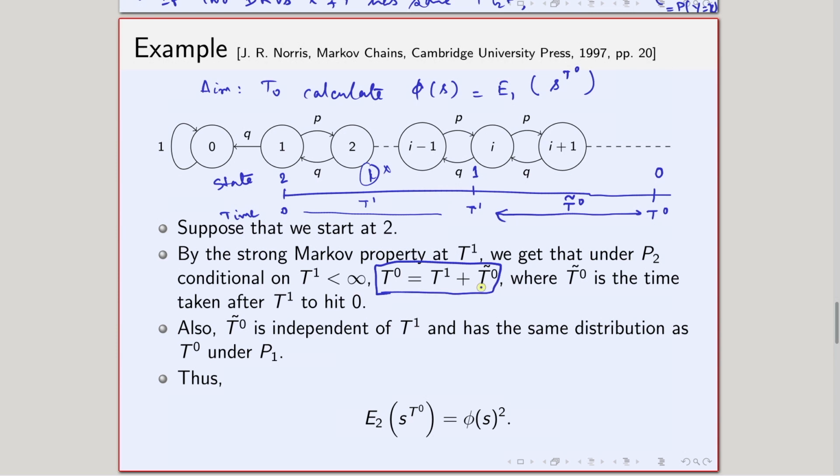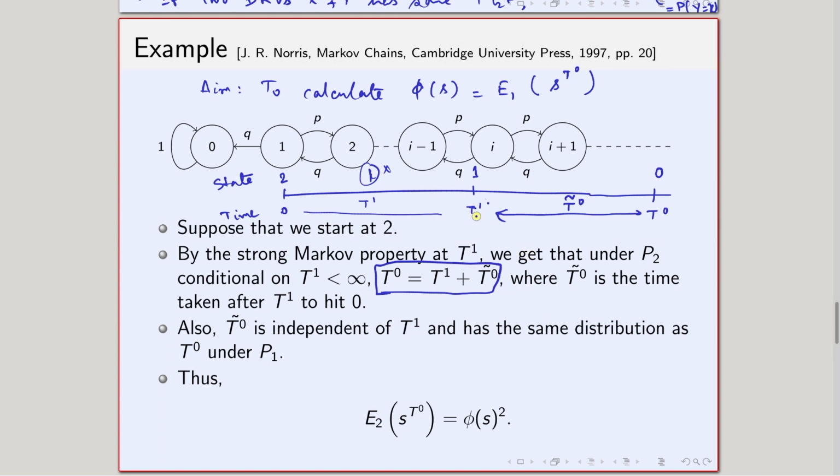Okay. So, I can write in this manner. So, using the strong Markov property at the time t1, note that t1 is a stopping time, we have already proved. So, I can use the strong Markov property at the time t1, and that is what I am doing here.